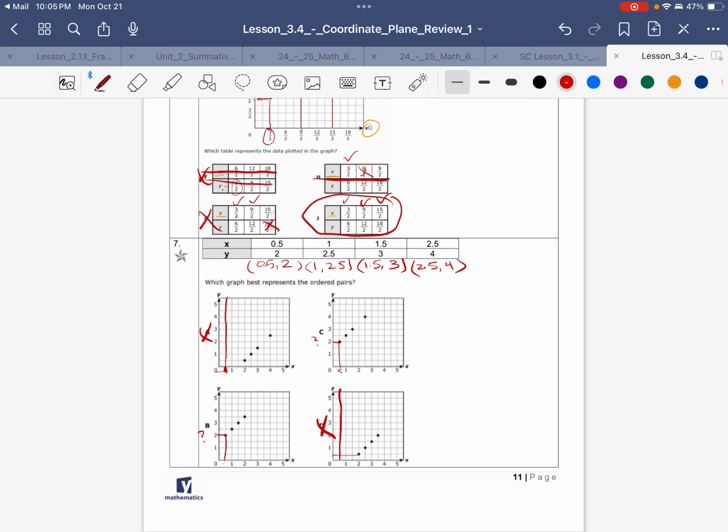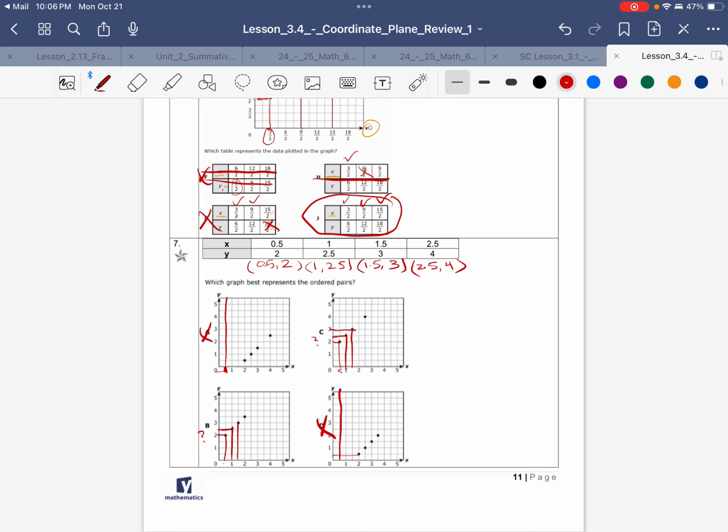So now we only got 2 left. So now we need 1, 2.5. 1, 2.5 in between. So that one checks out. 1, 2.5. That one checks out. 1.5, 3. So 1.5 is here in between 1 and 2 and lines up with 3. That's safe.